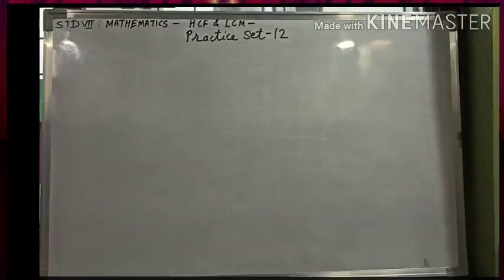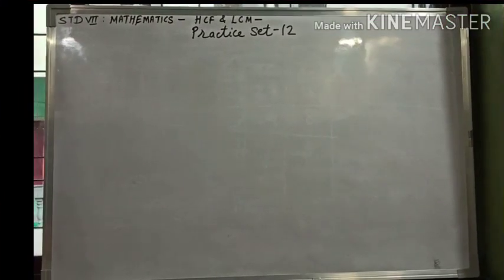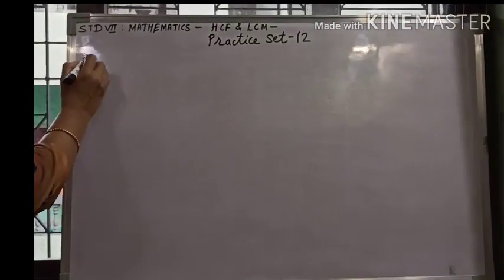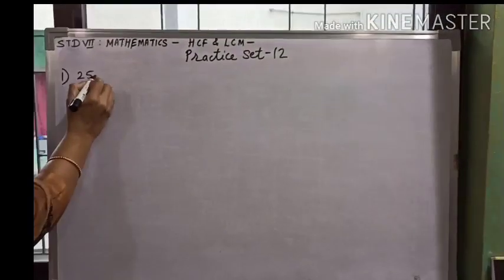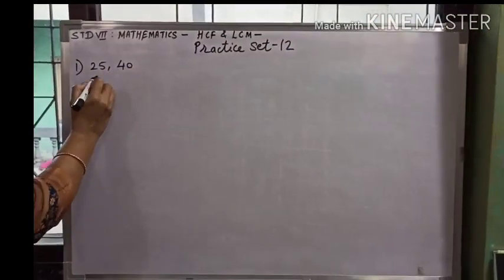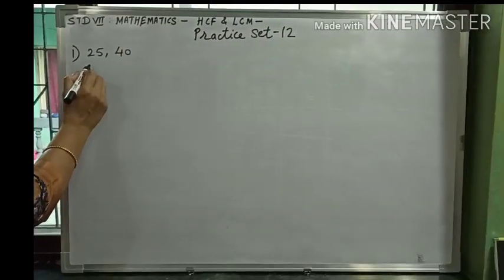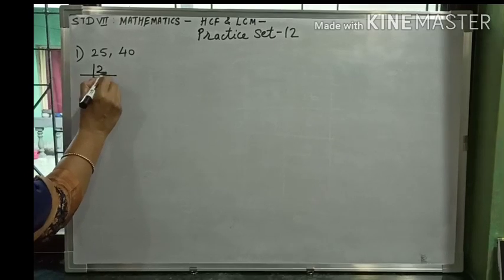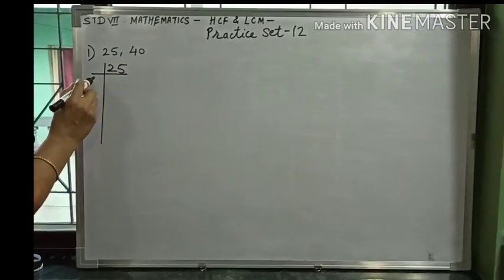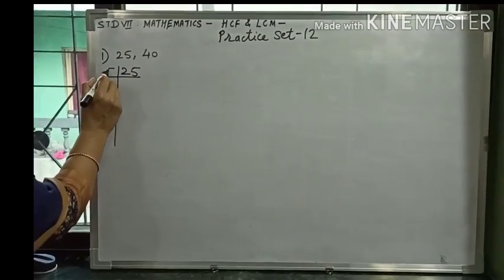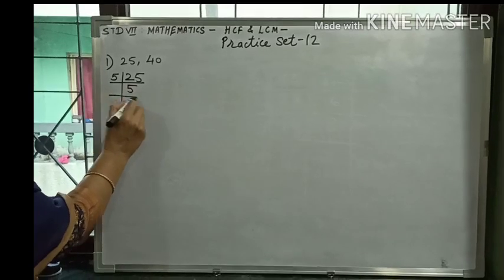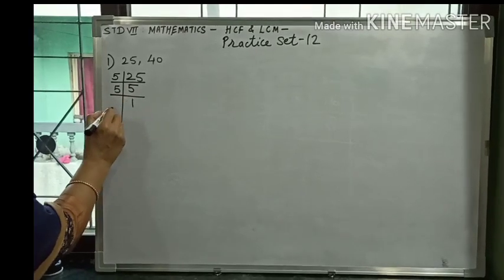Let's solve examples from practice set 12 to find out the HCF. First example 25 and 40. So we will find out the factors of 25. 25 is divisible by 5. 5 5s are 25. 5 1s are 5.